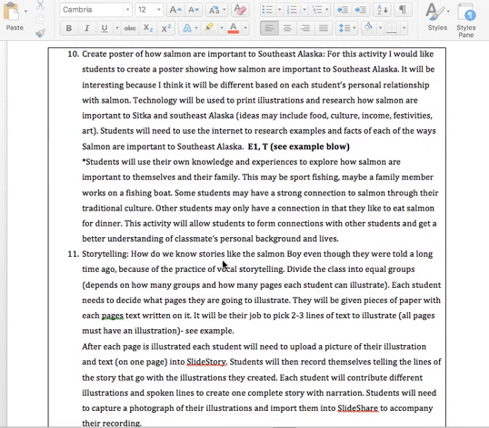So number 10, in this activity, students will need to research ways that salmon are important to them or their community. Ideas could include the animals that eat salmon, the people that eat salmon, the cultural identity associated with salmon, income, fishing, festivities, and art that are related to salmon.